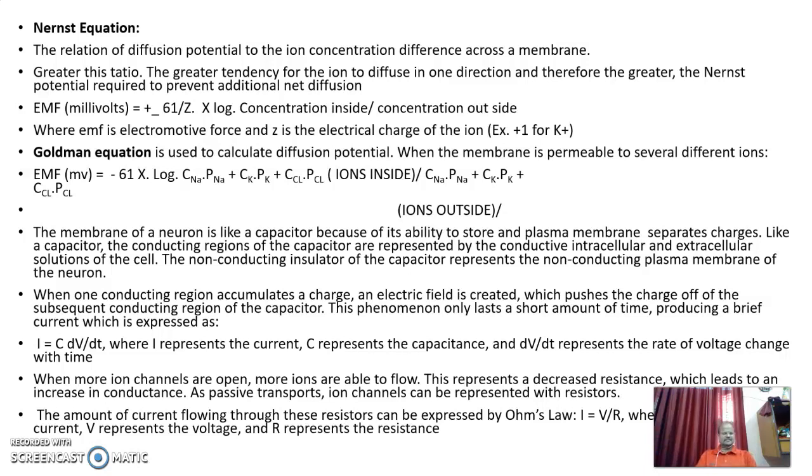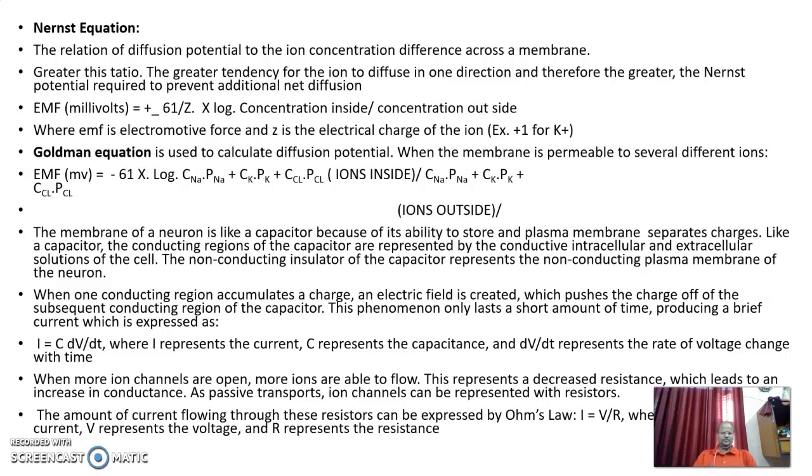The greater the ratio of concentration outside and inside of a particular ion, the greater the EMF, which is equal to plus or minus 61 by Z into log of the concentration inside and the concentration outside of a particular ion.